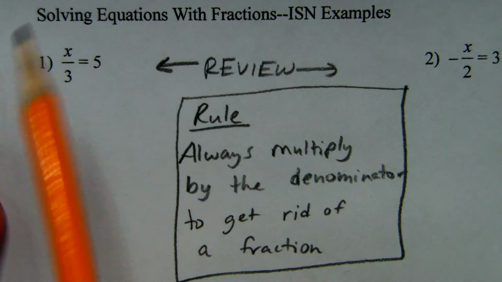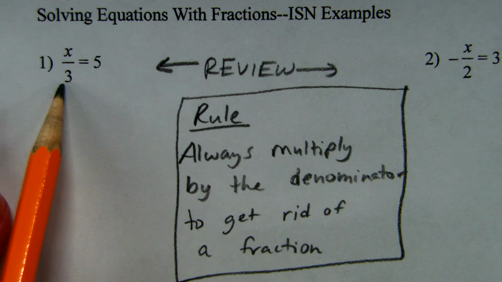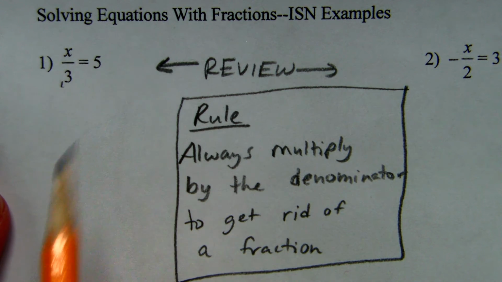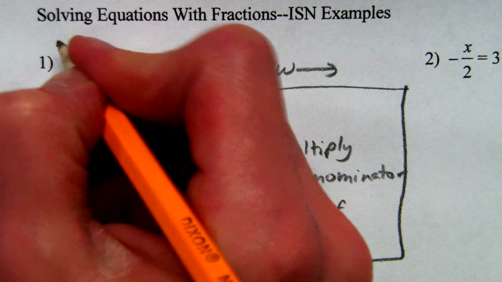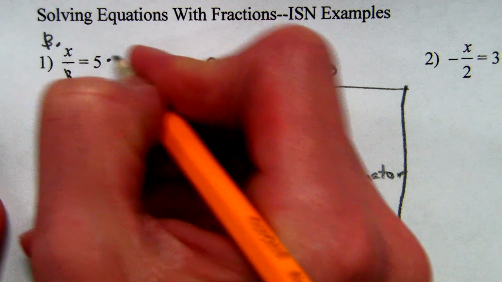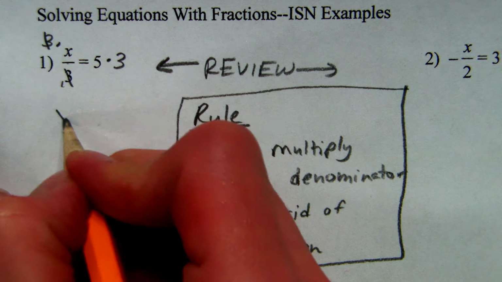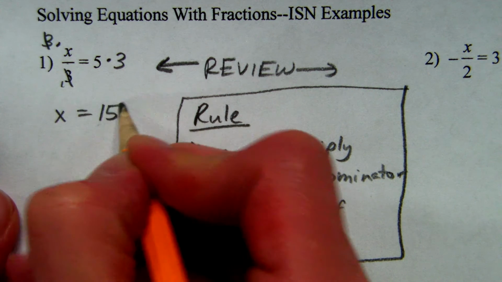So on number 1, the denominator is 3. So we're going to multiply both sides by 3. So I'm going to take this side times 3, and that cancels out the divide by 3. I'm going to take this side times 3 because we have to do the same thing on both sides. We'll get x equals 15.